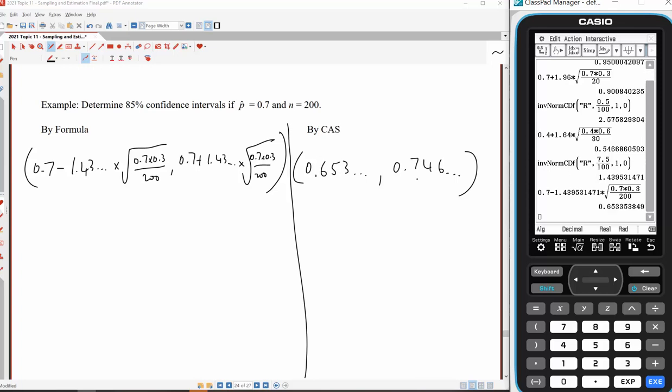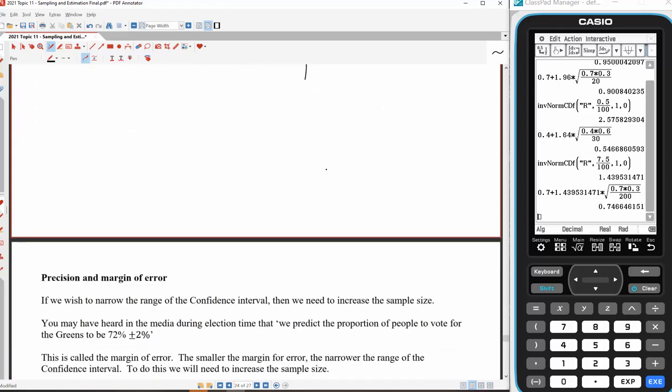All right, so there's our lower confidence bound, and our upper will be plus that, 0.74. Okay, so that will just go there. But again, notice how I got the 85% by showing a calculator move on that.